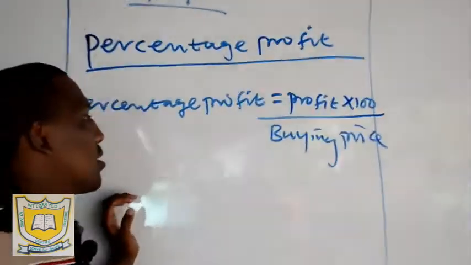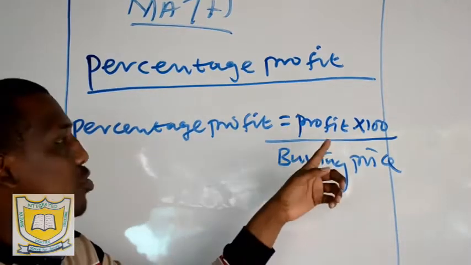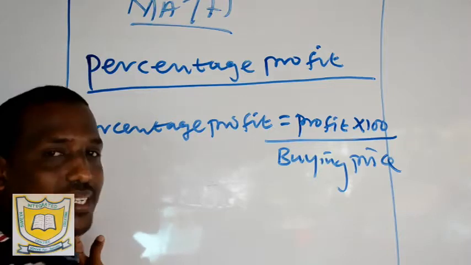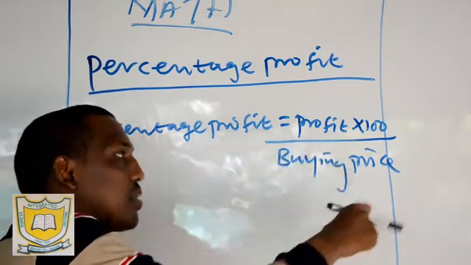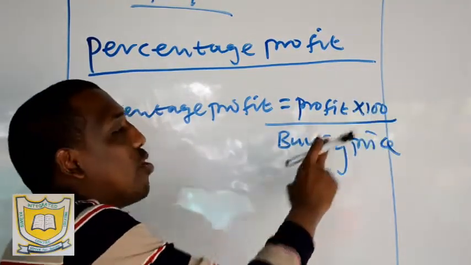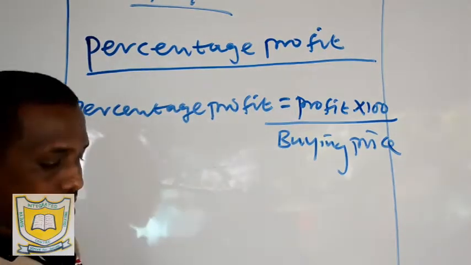Percentage profit is equal to profit times 100 over the buying price. That's how we get the percentage profit.